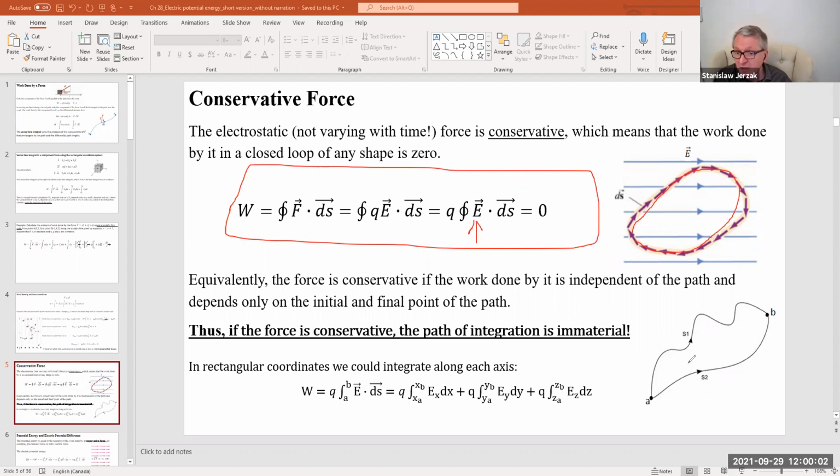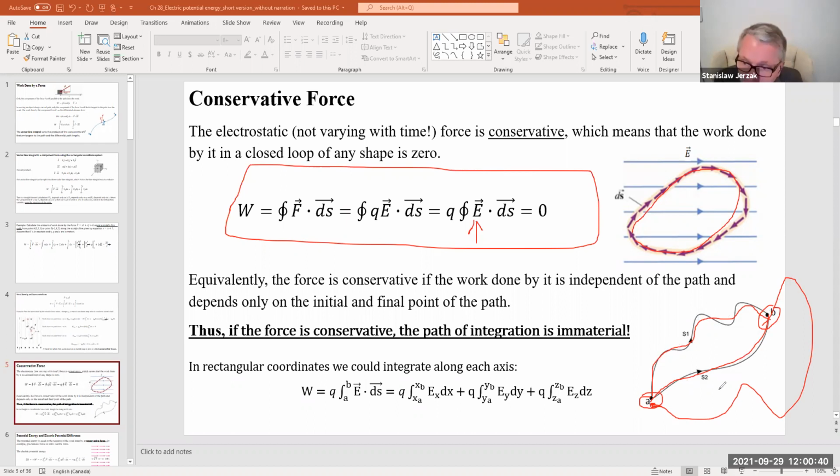This is explained on the slide here: if I move the charge Q, positive charge, from point A to B along this complicated path, or this path, or any path, no matter how complicated, the work done is the same for each of these paths. The work will depend only on the initial position and final position of the charge. It does not matter how you get the charge from point A to B. It will not depend on the path.